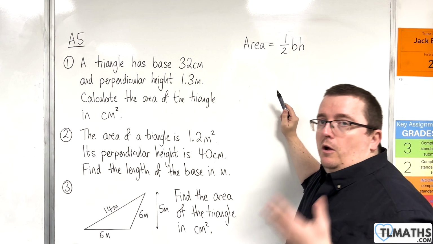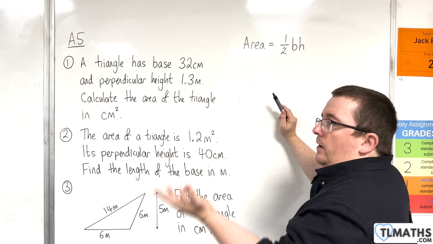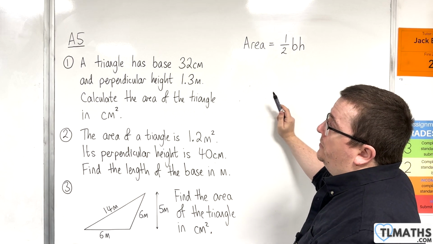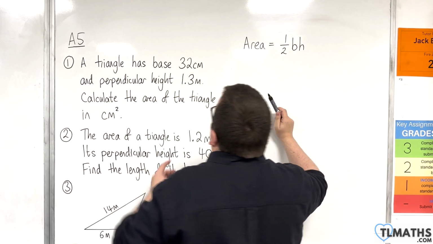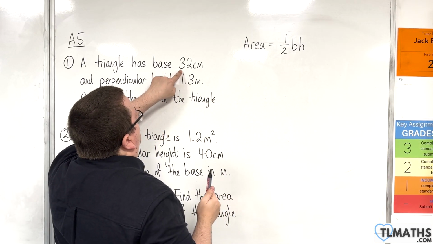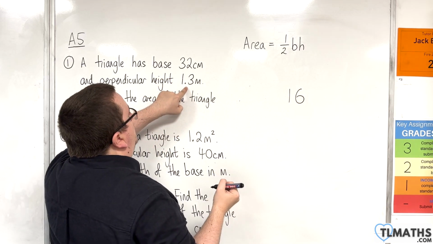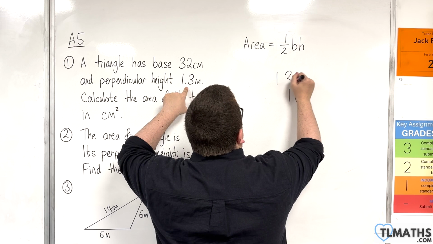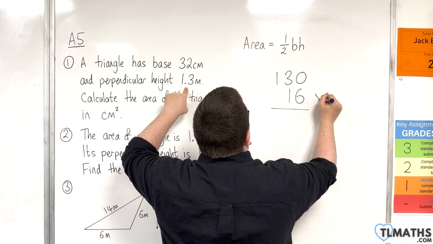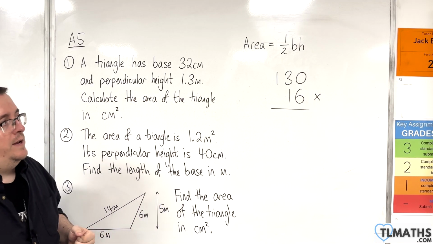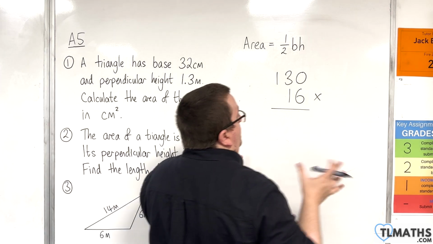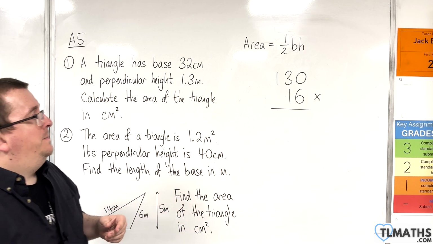Quite often people go half base times height, as in half the base times by the height. So what we could do is halve the base, which is 16 centimetres, and then multiply that by the height, which is 130 centimetres. Okay, so this is probably the fastest way to do it.